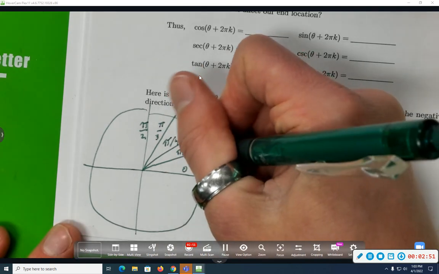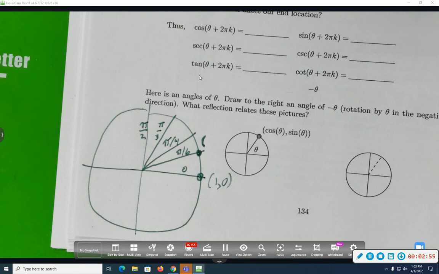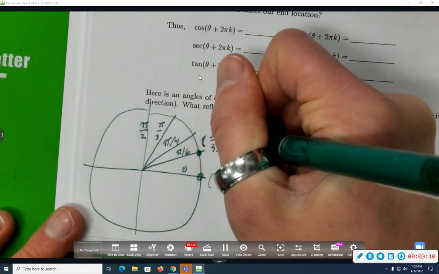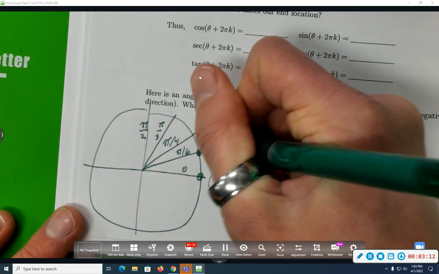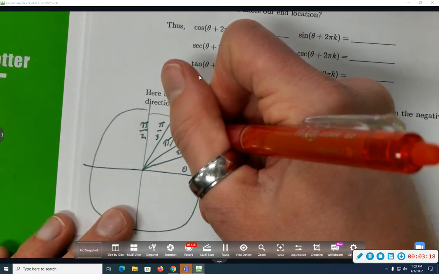Similarly, at this point, an angle of pi over 6 results in some xy value. X is cosine, y is sine. What's the cosine of pi over 6? Root 3 over 2. Sine? And from that you could compute tangent. Pi over 4. What's the cosine of pi over 4?